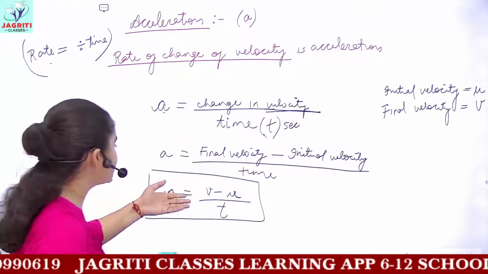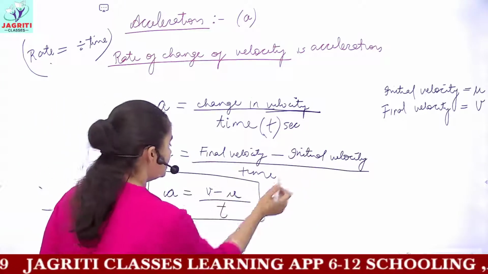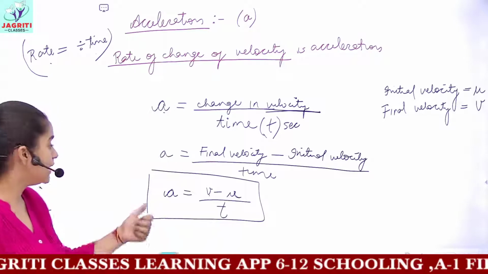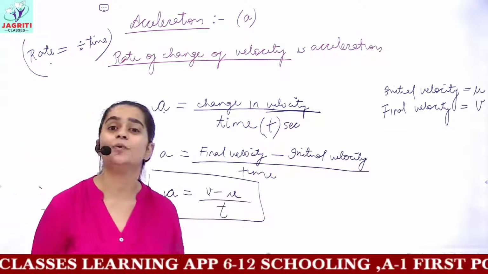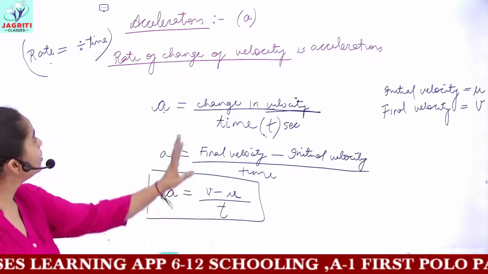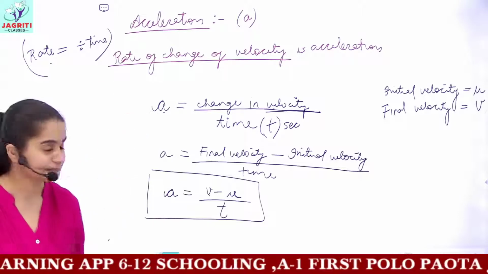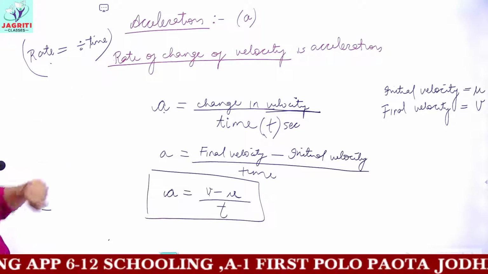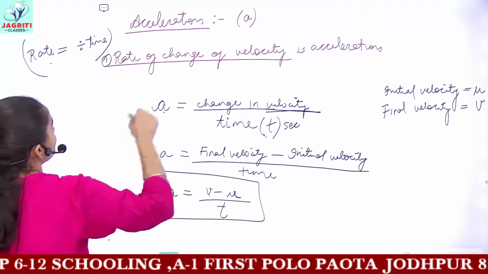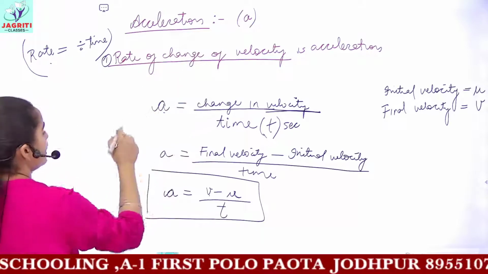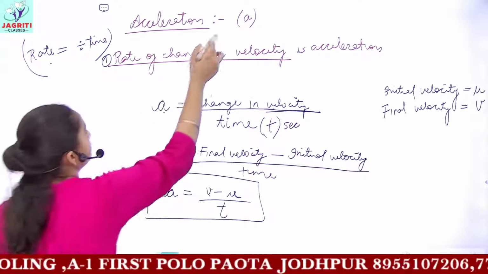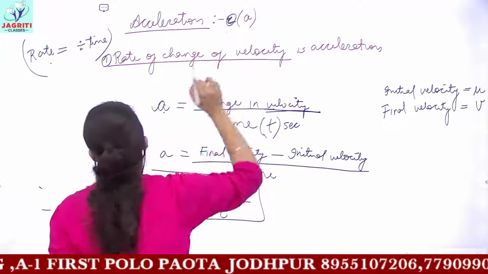So I used the symbols here: final is v, initial is u. So the formula became acceleration is v minus u upon t. This is the formula for acceleration, and this one is the definition. We have done the definition, we have written the symbol, then we did the formula.